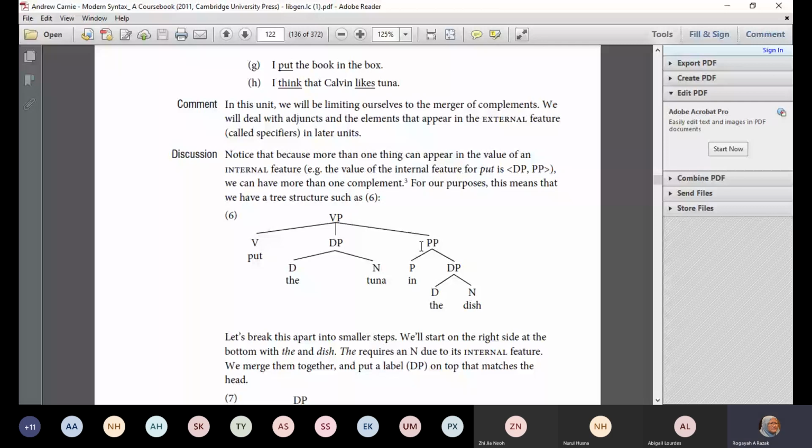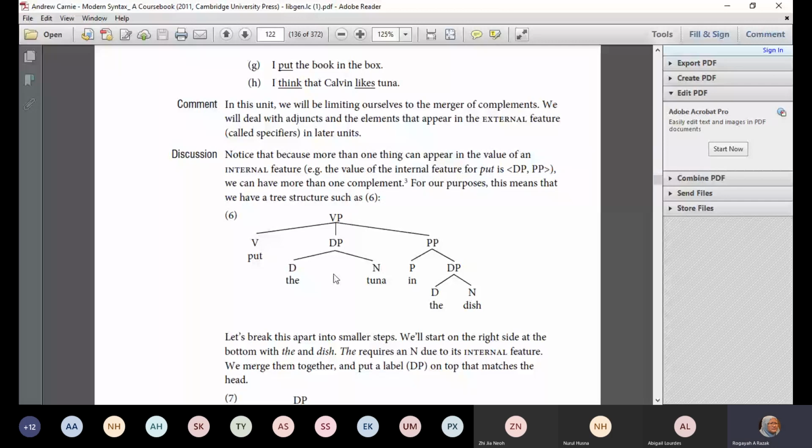All right. So this is one big constituent with two constituents in it. And then food also has the tuna. The tuna is different from in the dish. The tuna is another complement to the verb. So we complement merge the determiner the with the tuna.